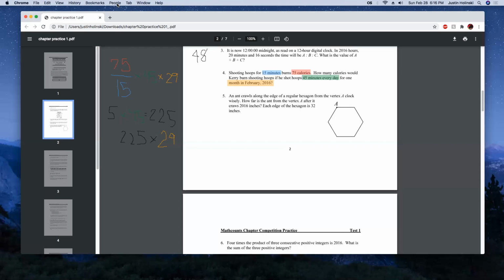You could probably do it in your head by doing 30 times 225 minus 225. Wait, I was thinking maybe I could do 30 times 225 minus 225. Yeah, that's exactly what I just said. Good idea.